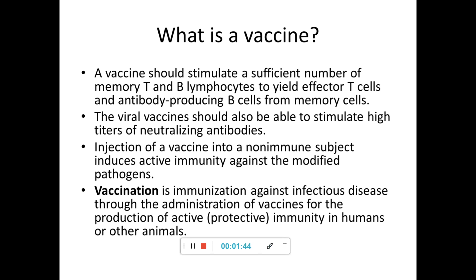What is an immune response? An immune response is nothing but the production of active B lymphocytes or the effector B lymphocytes as well as the effector T cells. These are being formed mainly from the memory B cells as well as the memory T cells. So what is a vaccine?